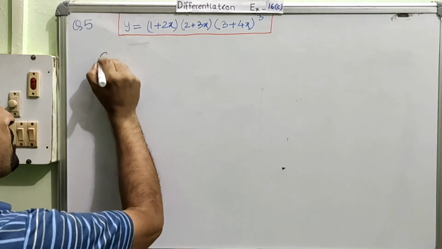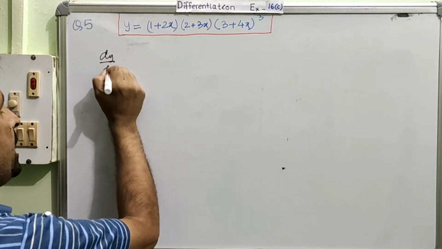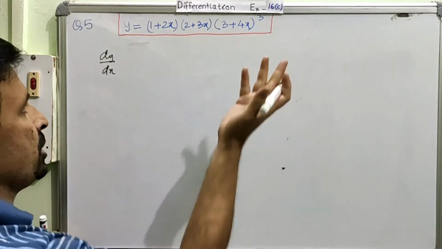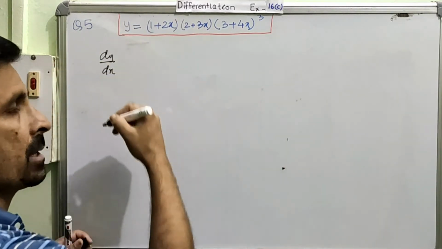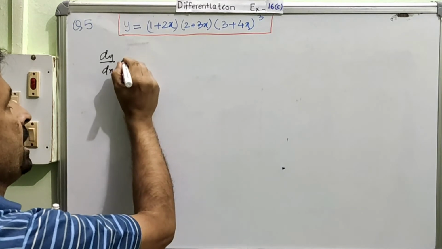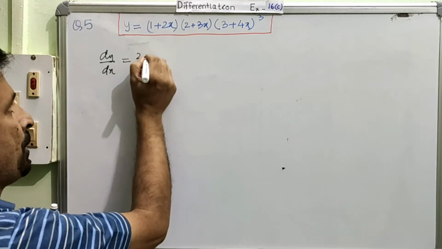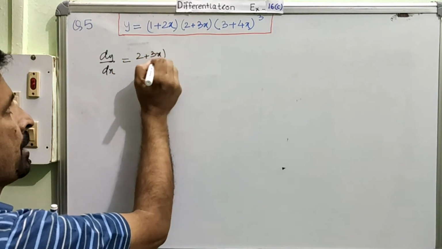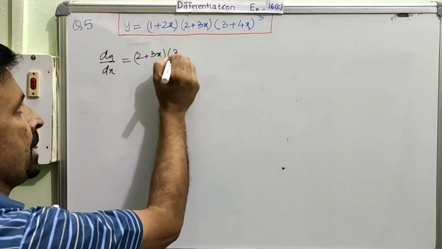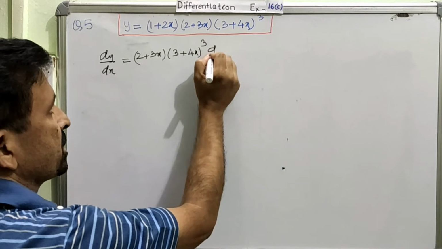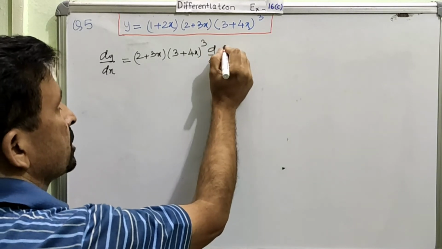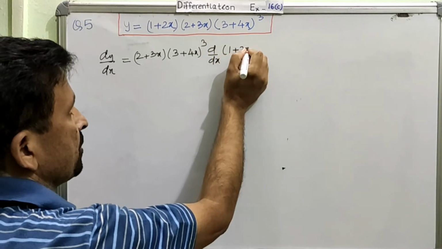This is dy by dx. Right? You can choose any one to find the derivative first. So maybe I will start from the first only. The other 2 will be silent. So 2 plus 3x, then 3 plus 4x whole cube. I am differentiating the first function, so it is 1 plus 2x.